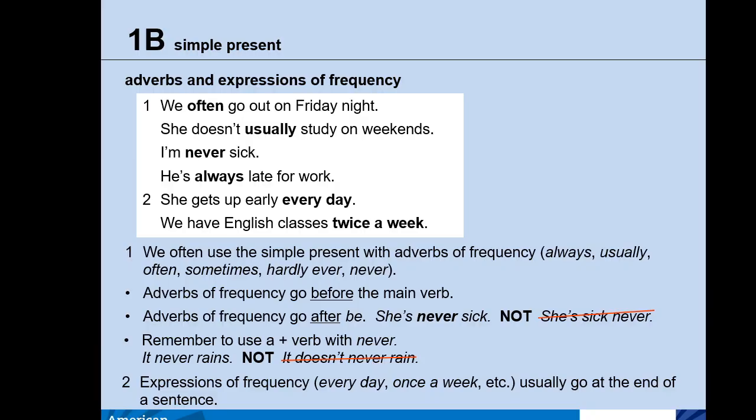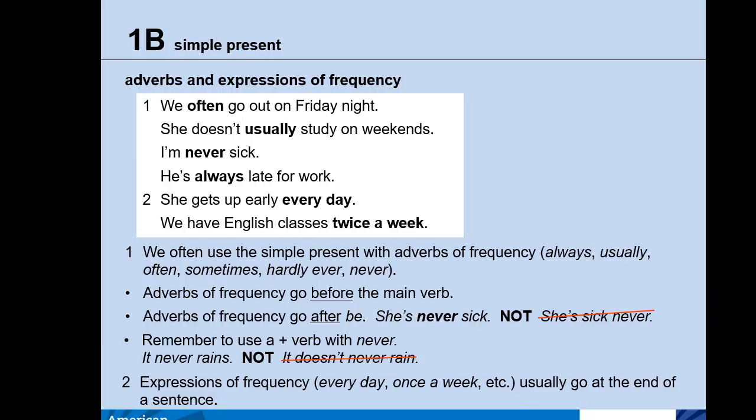Okay, and also we have seen some expressions of frequency like every day, once a week, twice a month, 3 times a year, etc., where most of the time they go at the end of a sentence.